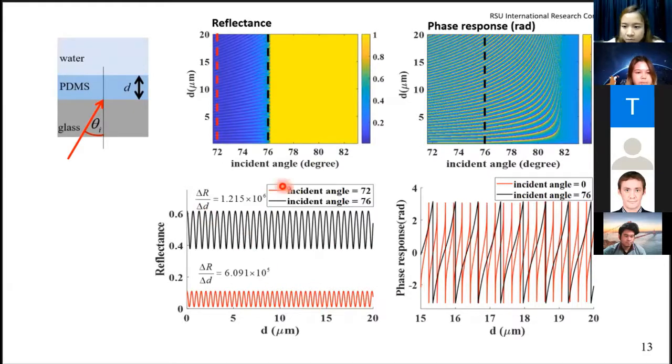We calculated this from the maximum slope of this effect. For the phase response, with the two incident angles of 0 and 76 degrees, we find that the low incident angle can provide a better response due to the shorter light path length.